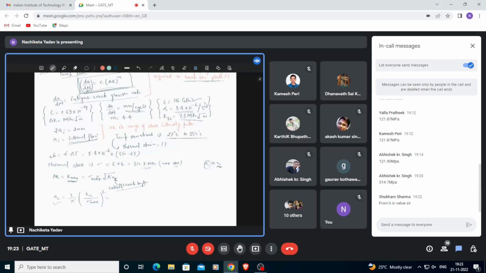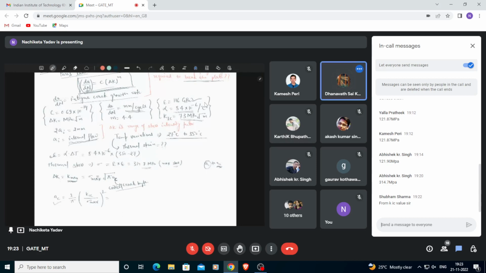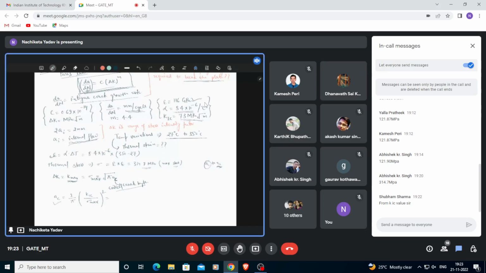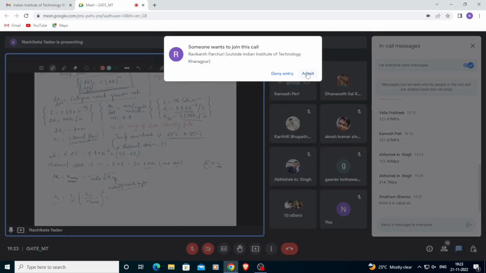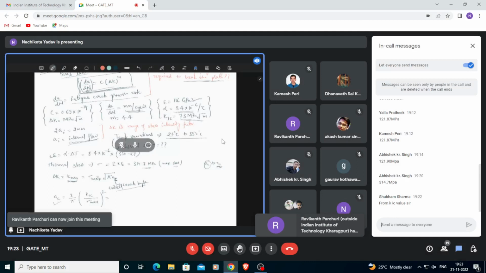I want you to solve this problem. I have just given the question and I want you to solve it. There is one more question based on this, so please calculate fast. If this question is asked in GATE, you will have merely 4 to 5 minutes.